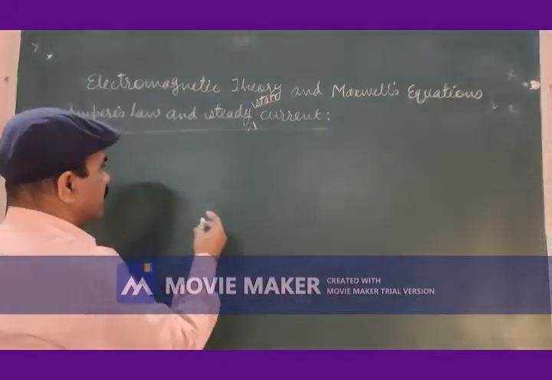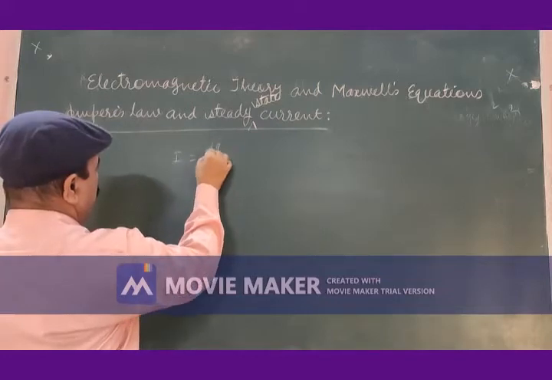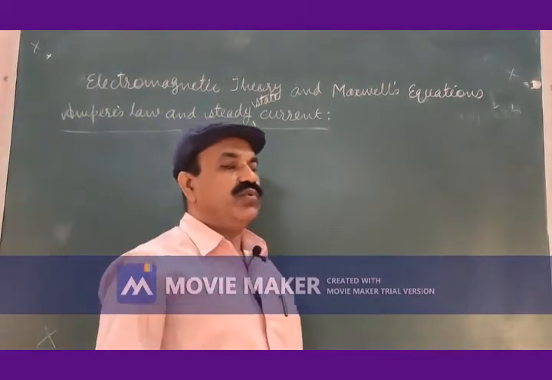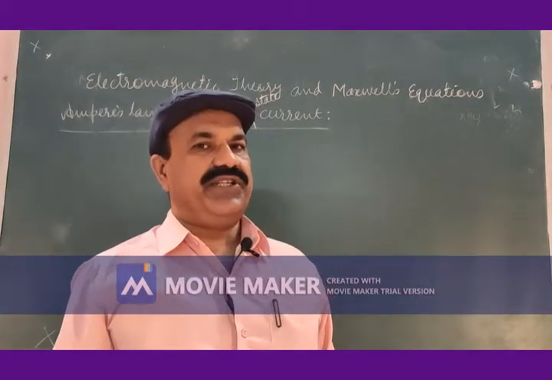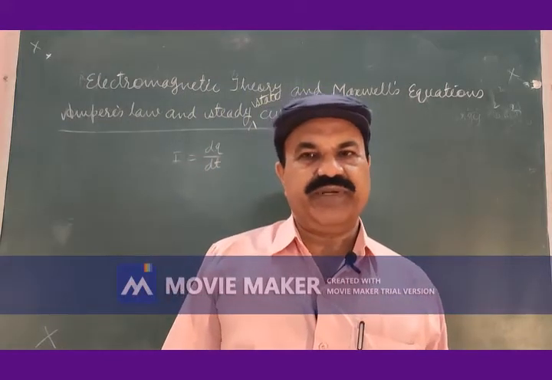Mathematical definition is I is equal to dq by dt.